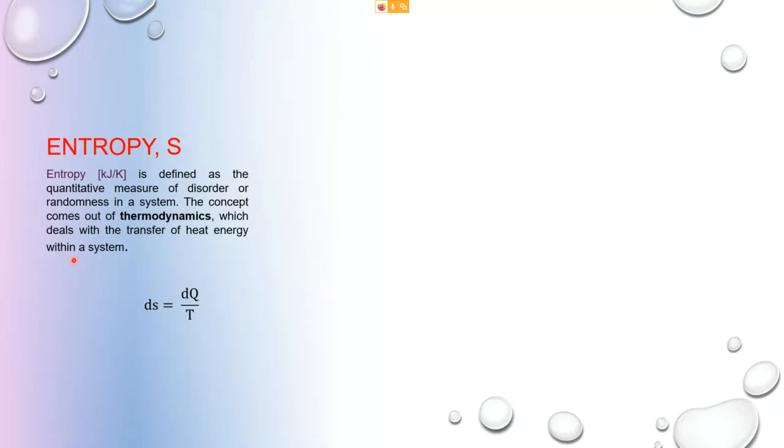So Q will be zero, and the change of entropy will also be zero. That is why we say adiabatic is the same as isentropic. If you want to refer to constant entropy, you can use the word isentropic or adiabatic.